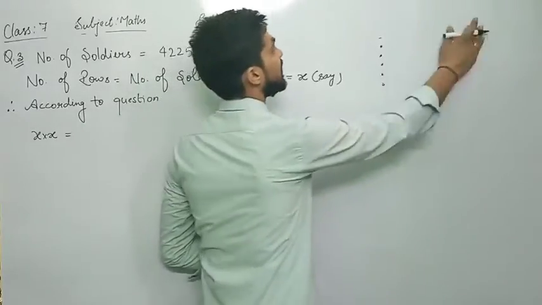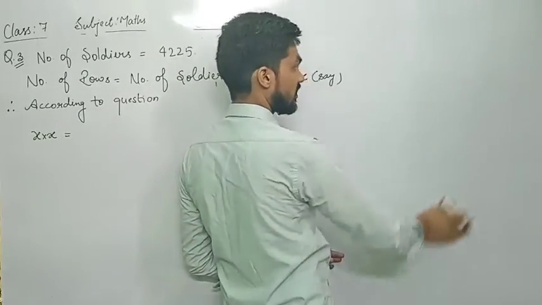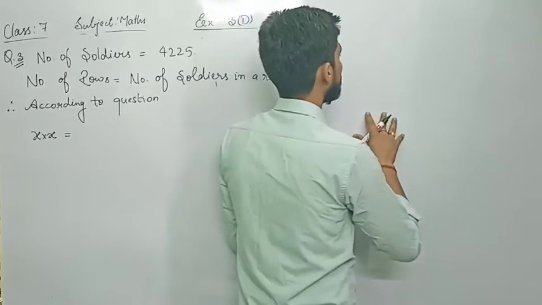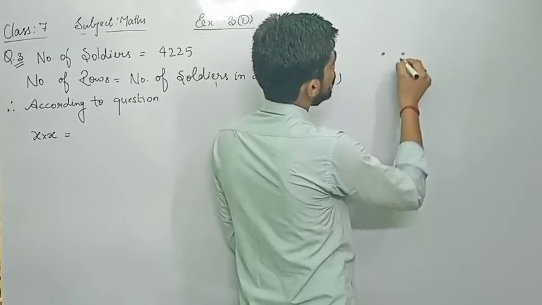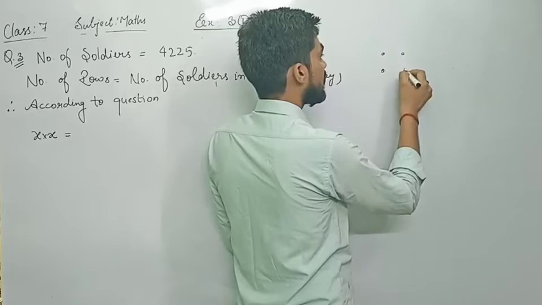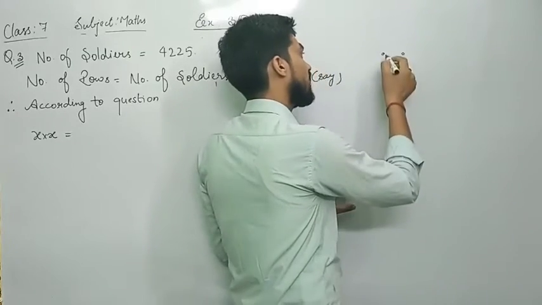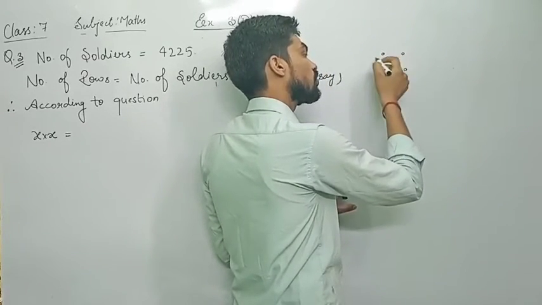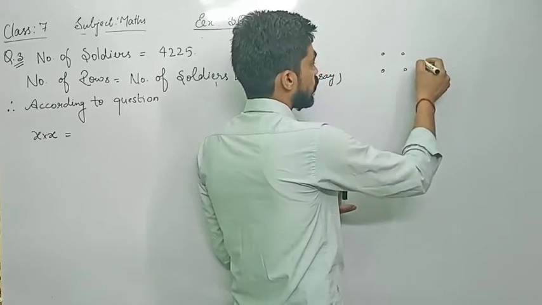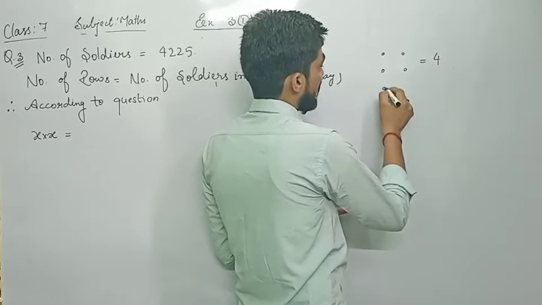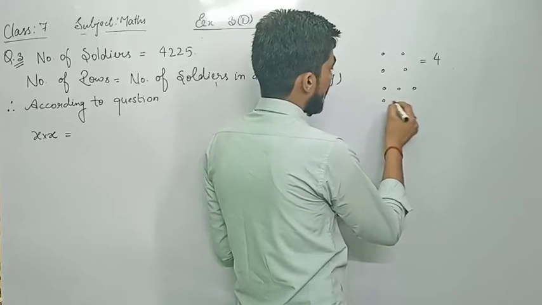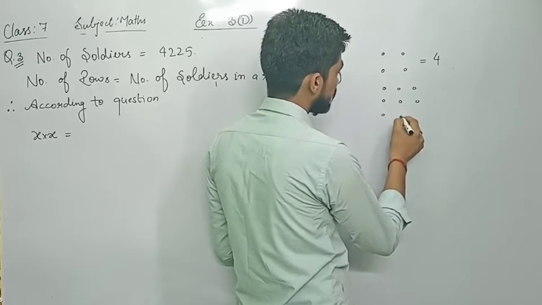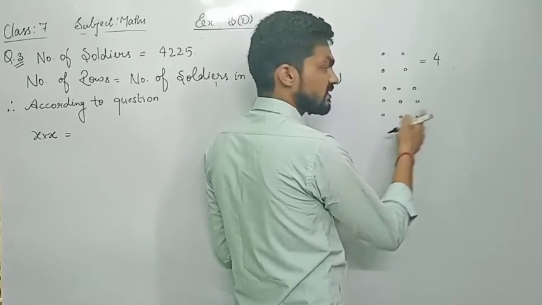For example, I take a smaller example and make you understand. See, if you are having 2 soldiers and you are having 2 rows, so in each you can see 2 soldiers and 2 rows, so total 4 are there. If I have 3 soldiers and I should have 3 rows also, so 3, 3, 6 and 3, 9.